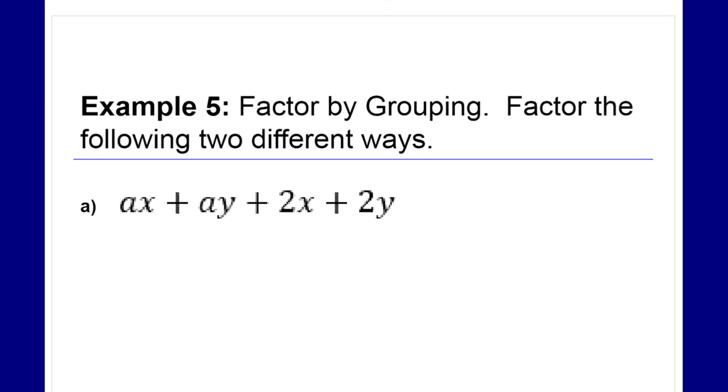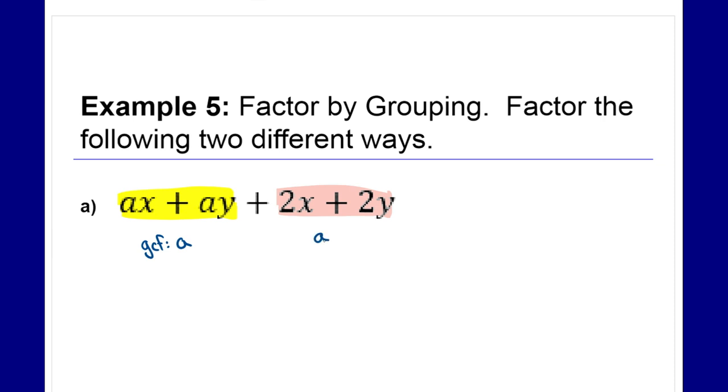So by factoring by grouping, I'm going to group these 2 terms together, and we'll group these 2 terms together. And we're going to common factor these 2. So if I look at common factoring these, what's common between both of them? Well, in this first one, the greatest common factor would be a, because a is common between the both.